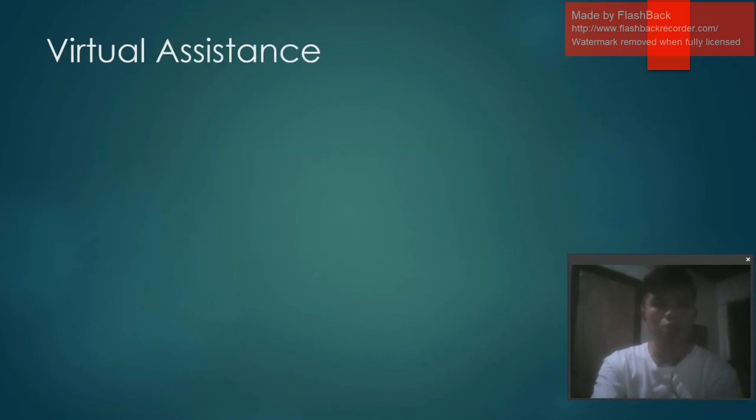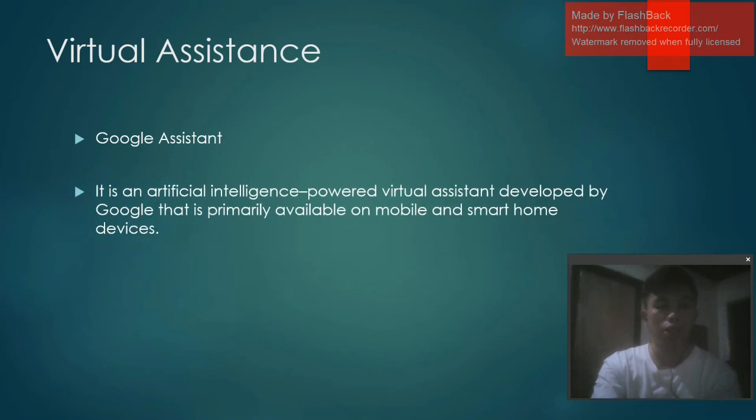The next is virtual assistants. The virtual assistant of Android is the Google Assistant. It is an artificial intelligence powered virtual assistant developed by Google that is primarily available on mobile and smart home devices.